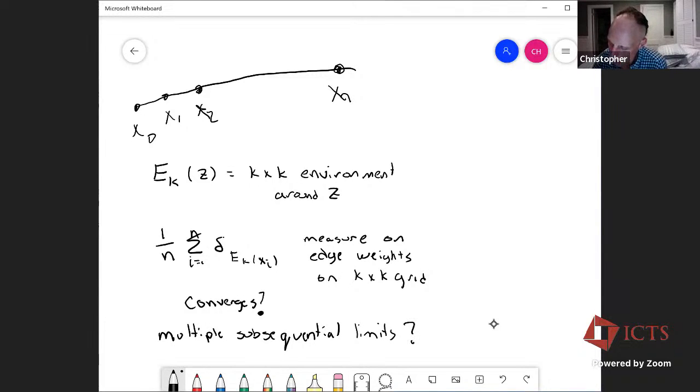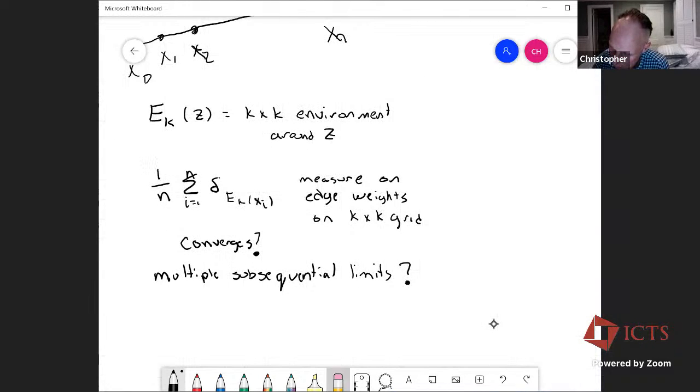And so the conjecture is no, I can't. That there's a unique subsequential limit, so that in fact it does converge.